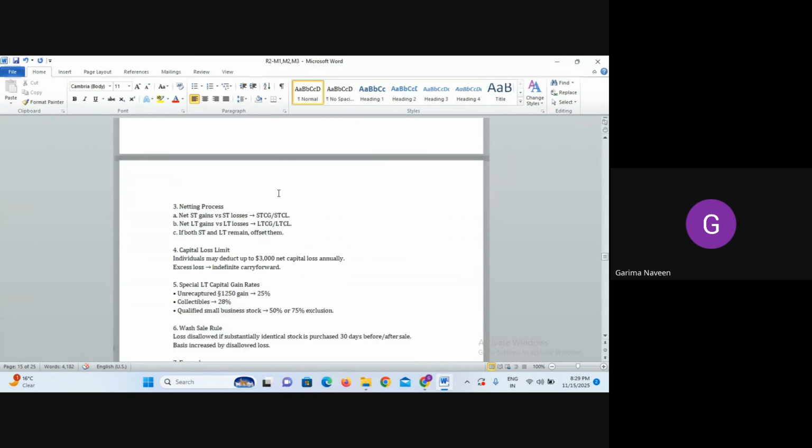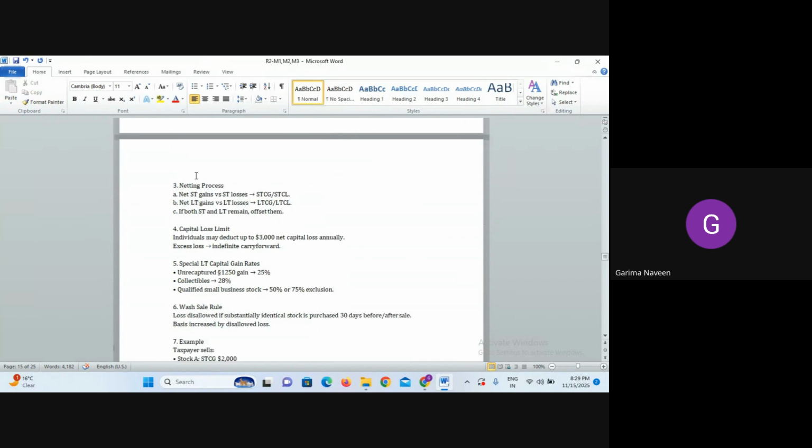And if you have multiple short-term gains and multiple long-term gains, multiple gains and losses, how do you net these gains and losses? First of all, if you have short term gain, then try to net it off with your short term losses.